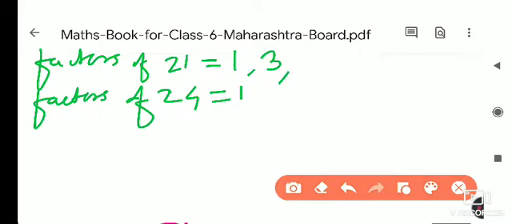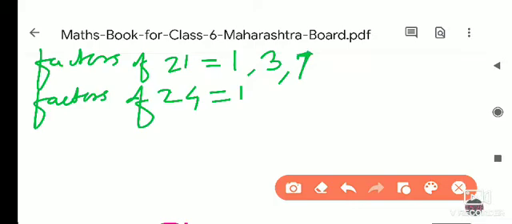It is not divisible by 4 because it is an odd number. 5, no, because 0 or 5 is not its unit place. 6 3s are 18 and 6 4s are 24, so 21 is not present in the table of 6. Then 7 1s are 7, 7 2s are 14 and 7 3s are 21, so 7 is its factor.